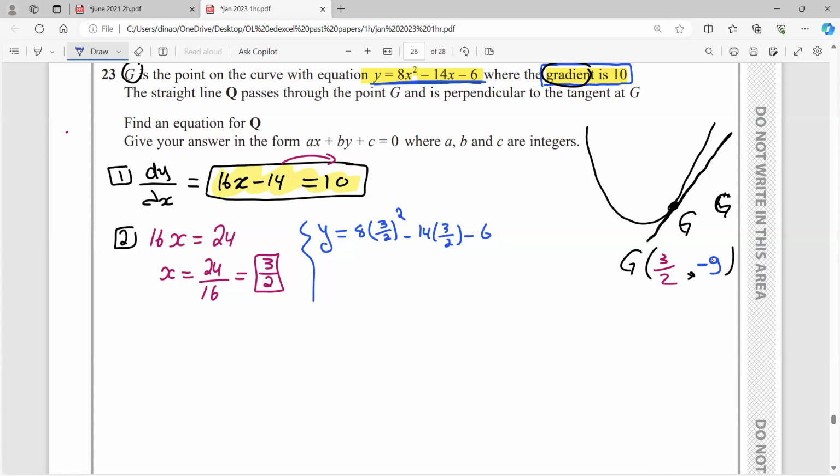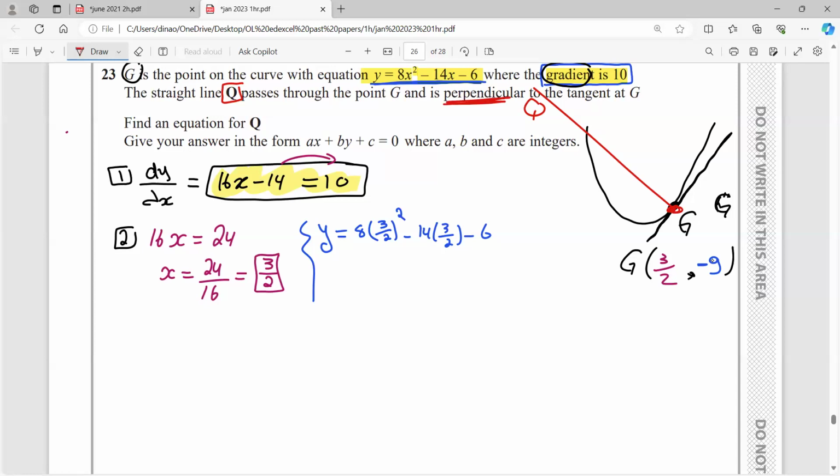Focus on the rest. The problem is that it mixes the lessons together. It says: the straight line Q passes through point G, so point G belongs to the line, and it is perpendicular to the tangent.